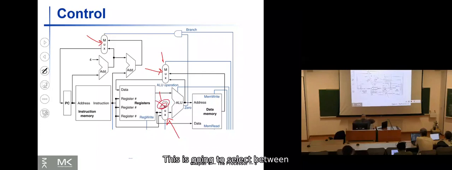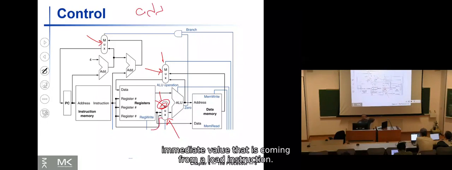This multiplexer is going to select either a register from an R format instruction like add T0, T1, T2, or an immediate value that is coming from a load instruction, yes? So how could we control this multiplexer to find out which source should go there?